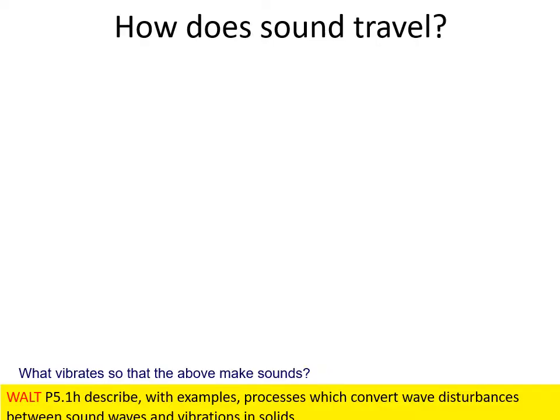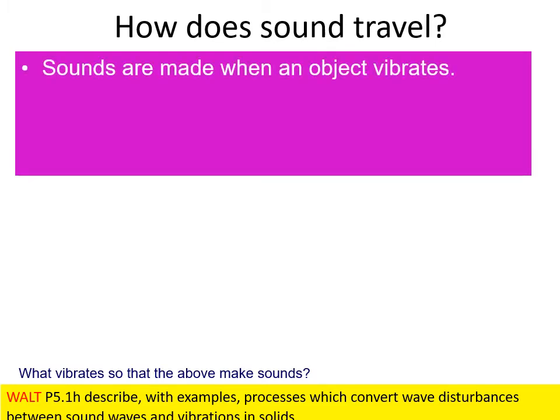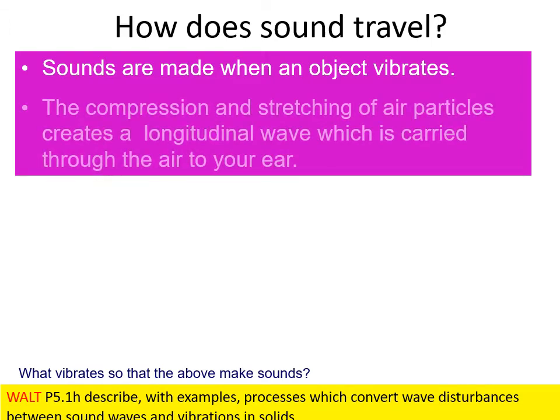Again, some very basic stuff about sound waves. How does sound travel? In order for us to produce any sound, we have to make an object vibrate. So sounds are produced when an object vibrates.